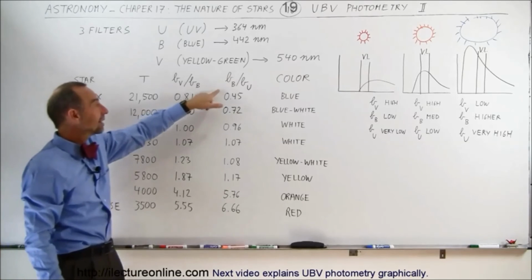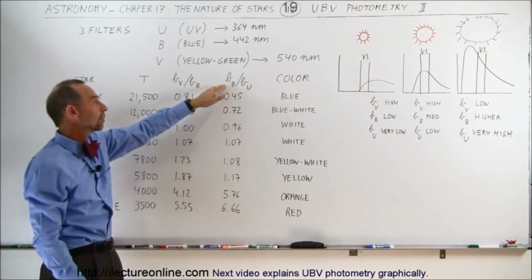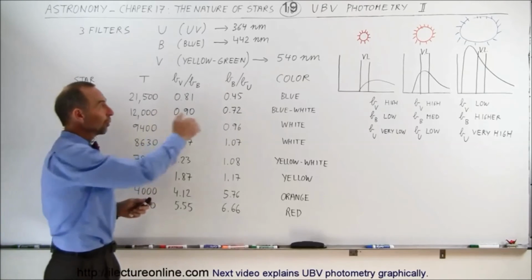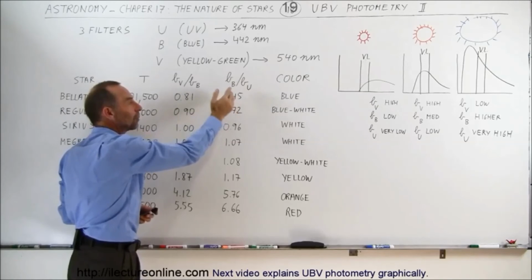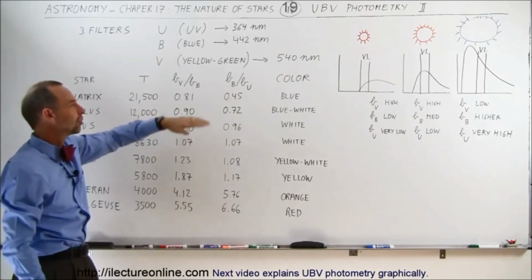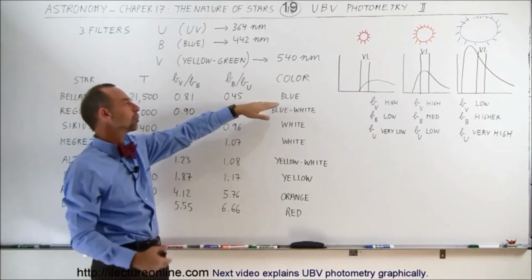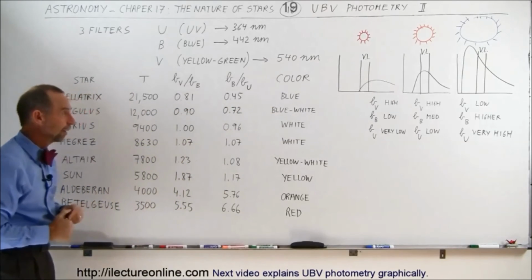And then we can see that the energy coming through at the UV spectrum is much greater than the energy coming through at the blue light spectrum. So the ratio there is far less than 1. This would indicate a very hot star, with a strong blue color associated with that type of star.